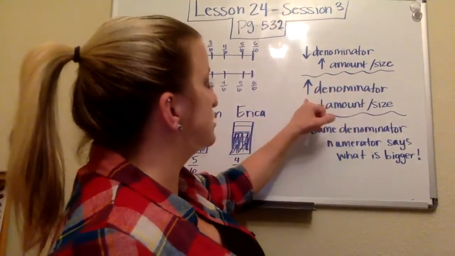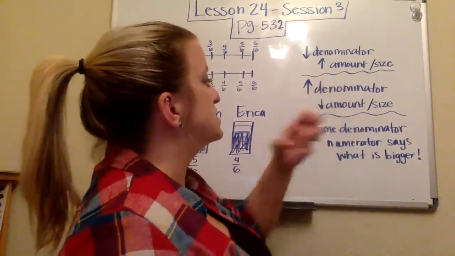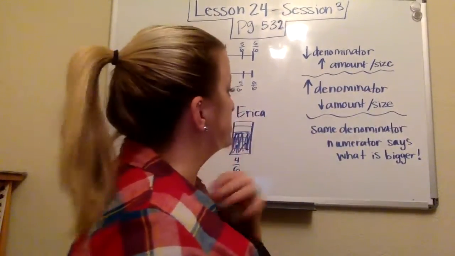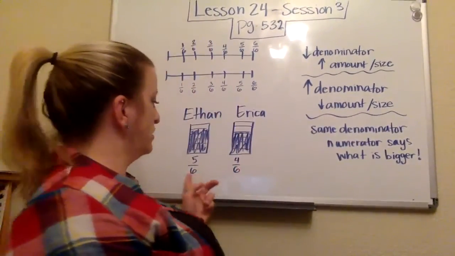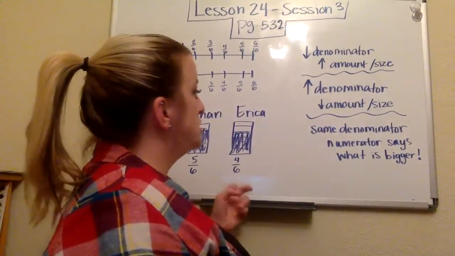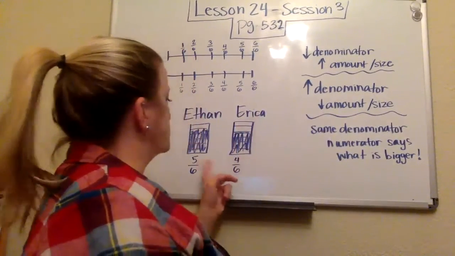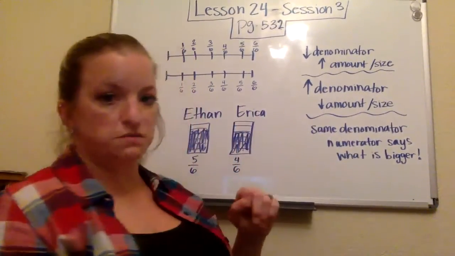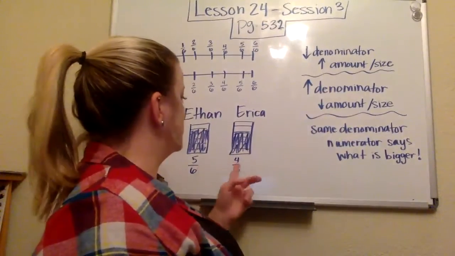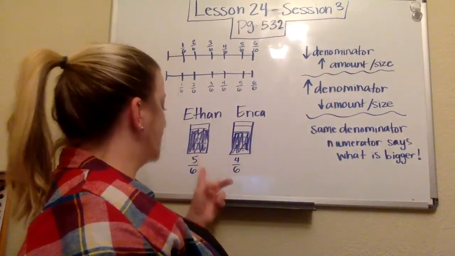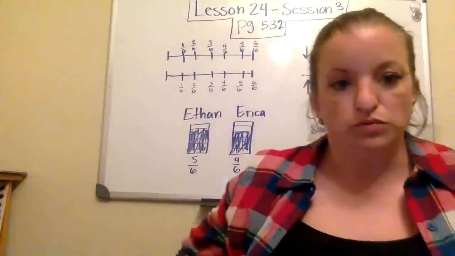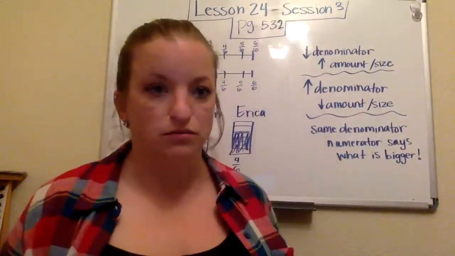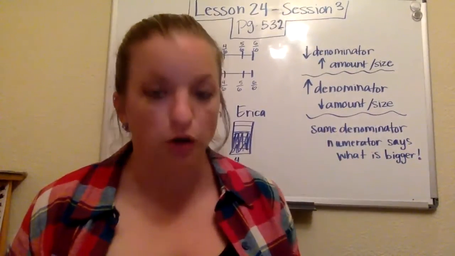The higher the number of the denominator means it's a smaller piece or a smaller size. If they have the same denominator, like here in our problems from the previous page, the numerator is what's going to determine which one is bigger. So of course 5 is bigger than 4. If you have 5 of those pieces, obviously that's more than 4. So those are just some hints and some tools and some rules that'll help you.